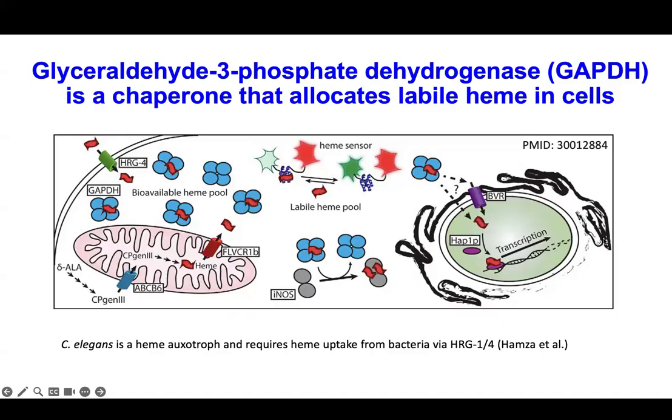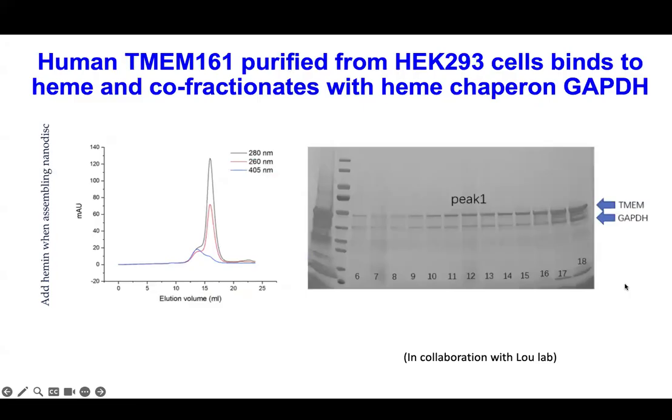And this was largely done in the mammalian cell, and we wanted to basically replicate the binding. Wanted to test whether indeed GAPDH can function as a heme chaperone, and more importantly, whether the human homolog can bind to GAPDH directly.